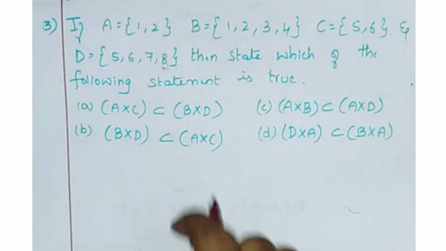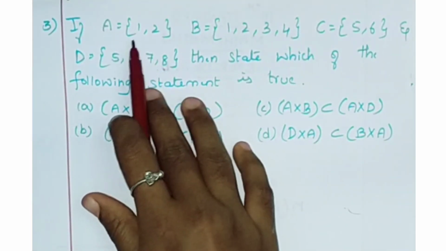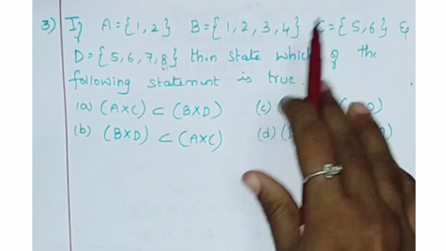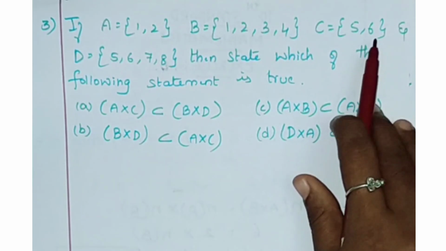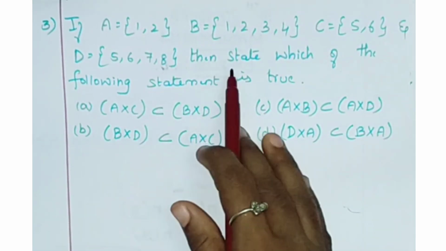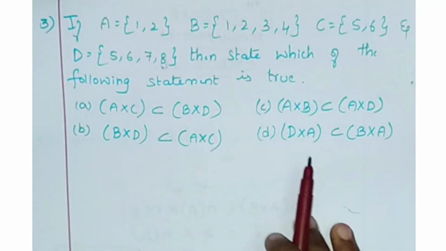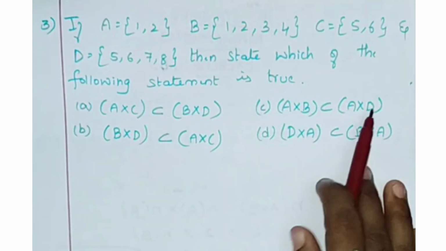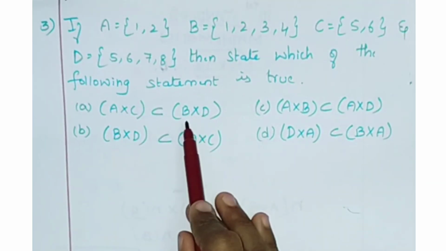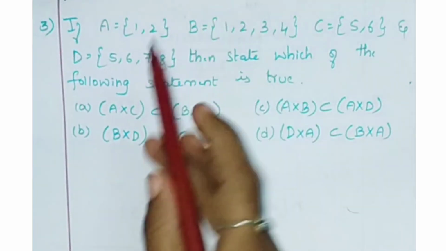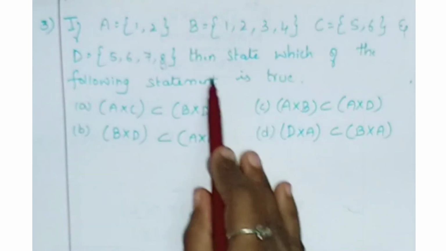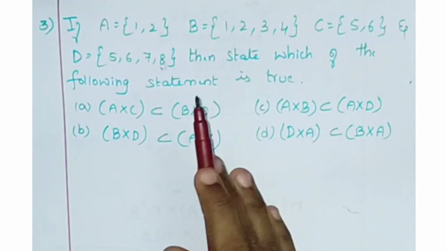Third question: if A is equal to {1, 2}, B is equal to {1, 2, 3, 4}, C is equal to {5, 6}, and D is equal to {5, 6, 7, 8}, then state which of the following is true. In this case, first check whether A is a subset of B. If it is correct, and C is a subset of D, if that is correct, then definitely that Cartesian product is correct.